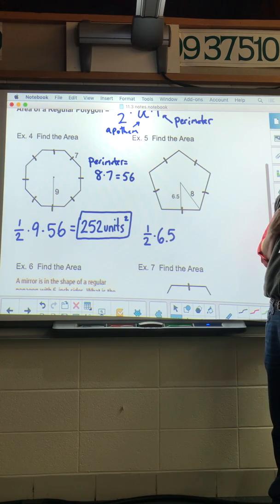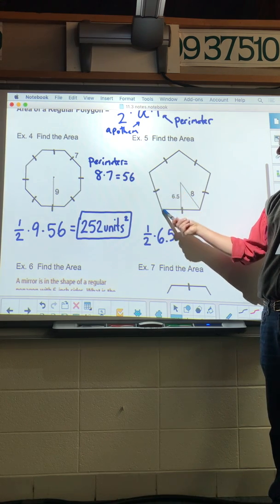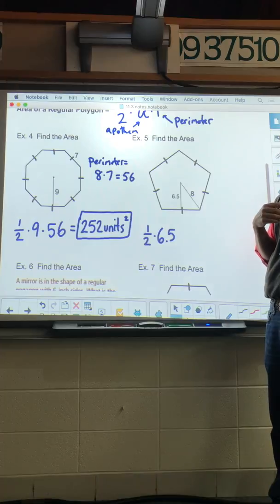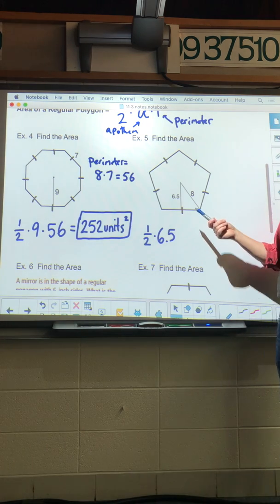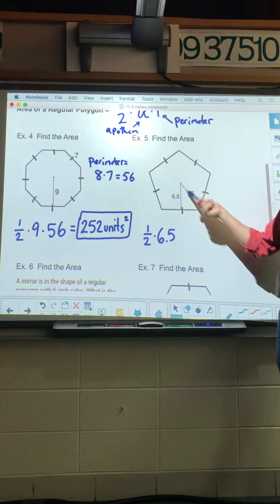Okay, but we do not know the length of one of the sides. So we're going to have to do a little more work to figure that out. Okay? So we do know the apothem and the radius.